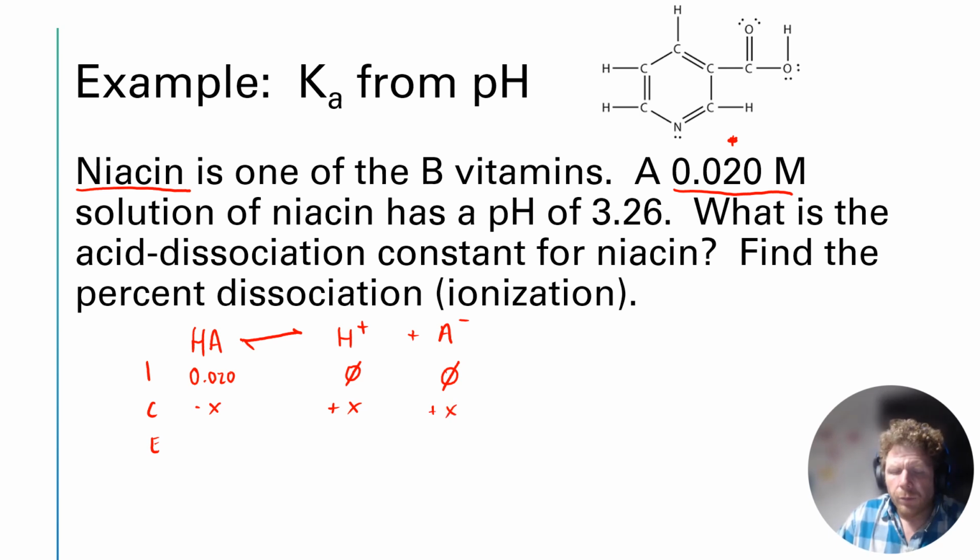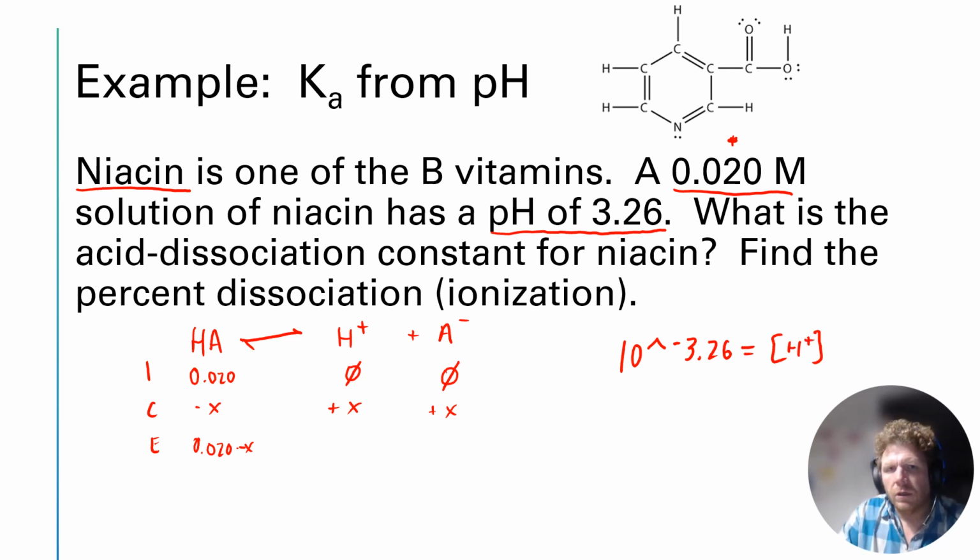And at equilibrium, I will have an HA concentration of 0.020 minus X, and a hydrogen ion concentration, which, well, that's X. But actually, I know my hydrogen ion concentration at equilibrium, and that is because I know my pH is 3.26. So I can say 10 to the negative 3.26 to figure out my hydrogen ion concentration.